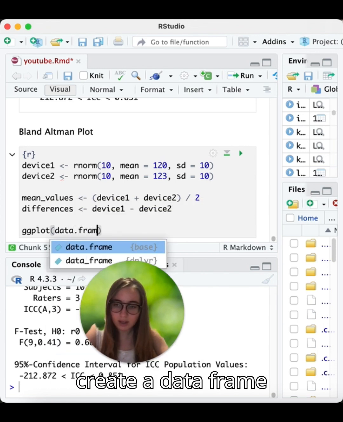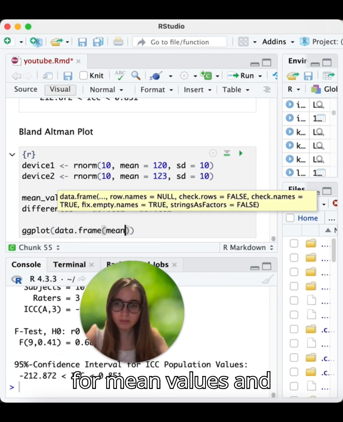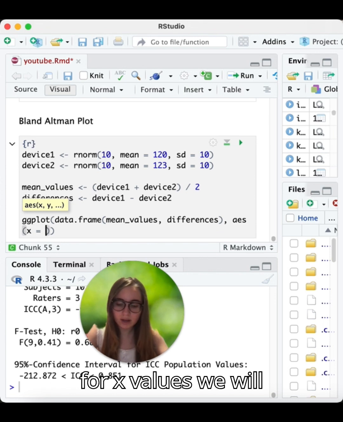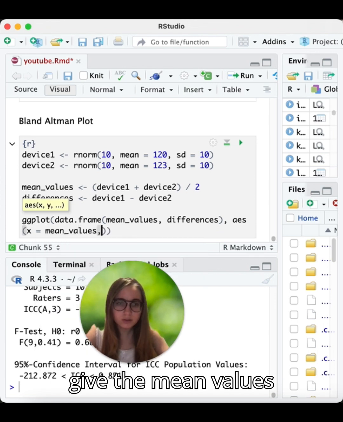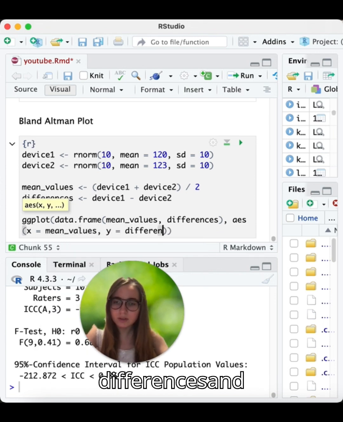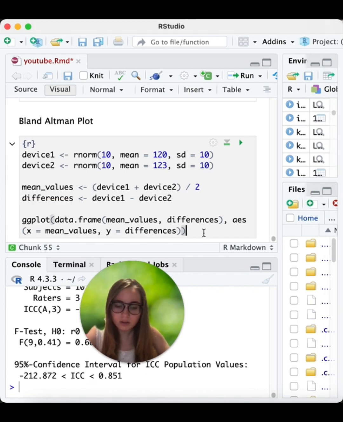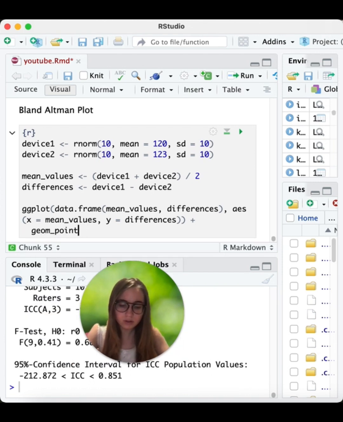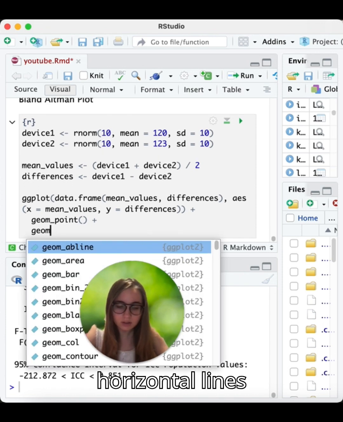So we'll create a data frame for mean values and differences. Then for x values we will give the mean values, for y we'll give the differences, and we'll create a scatter plot. Then we will create horizontal lines.